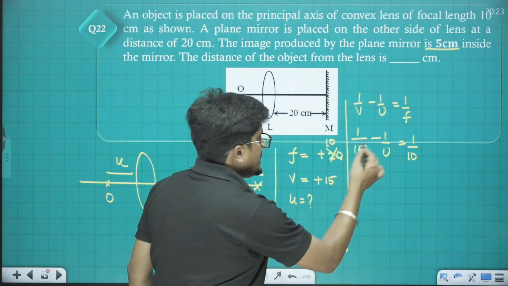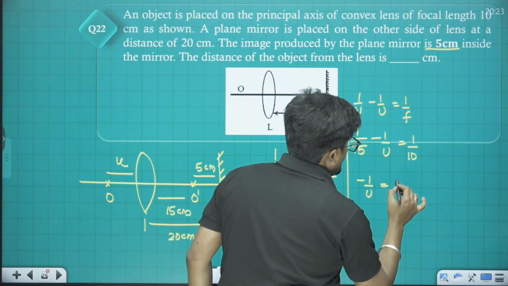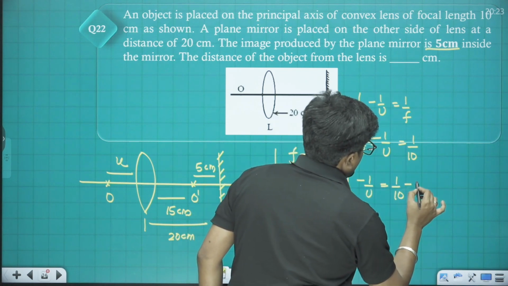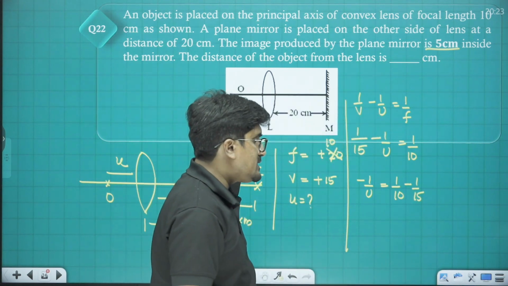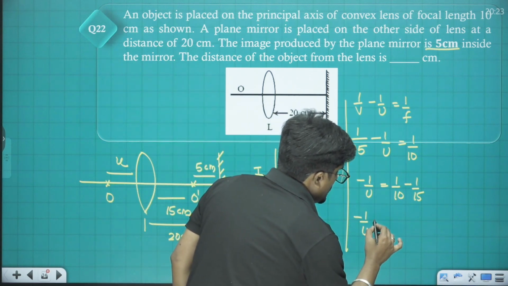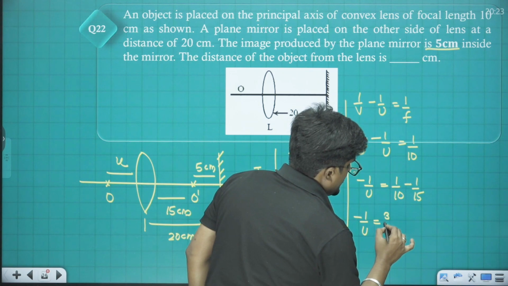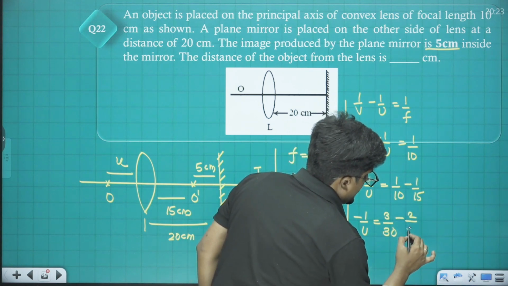All right, now let me take this towards the right. So minus 1 by U equals 1 by 10 minus 1 by 15. The LCM is definitely going to be 30 only. So minus 1 by U is 3 by 30 minus 2 by 30.